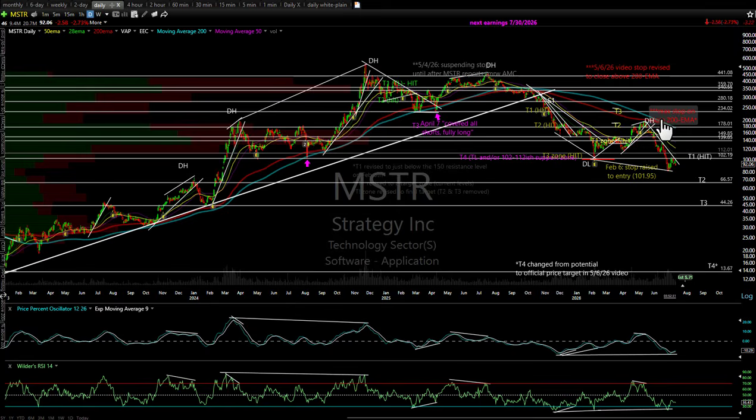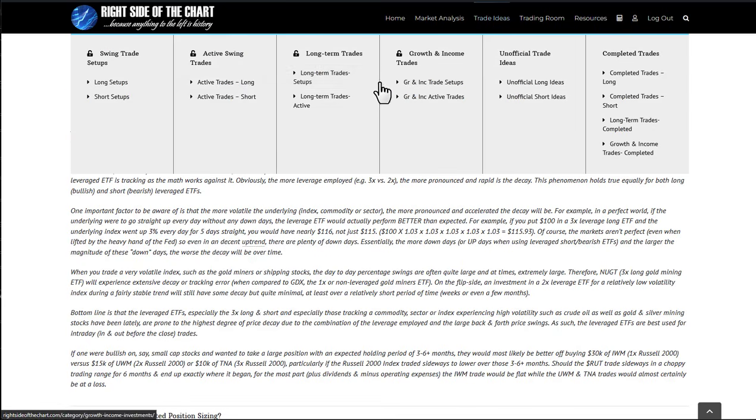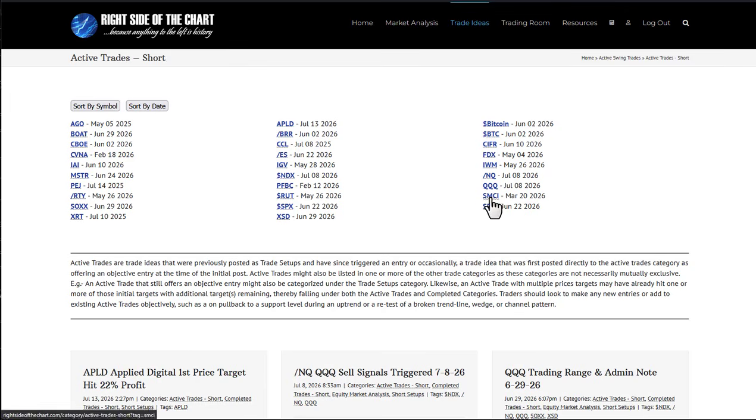And then just to recap, again, all these posts you can reference clicking on the ticker tag, especially if you go in through the active trades category and do it that way. What I mean by that, if you go in for the active trades category on the site, let's go back there, trade ideas, active trade short, and then you click on MSTR. Where did it go?